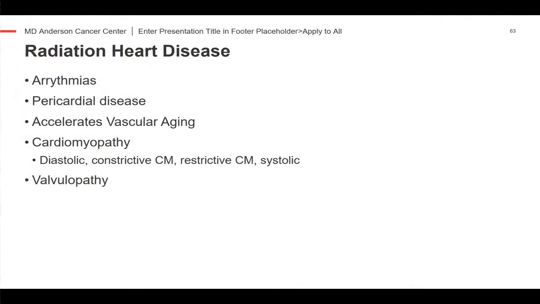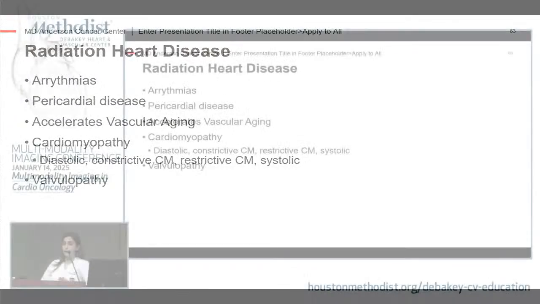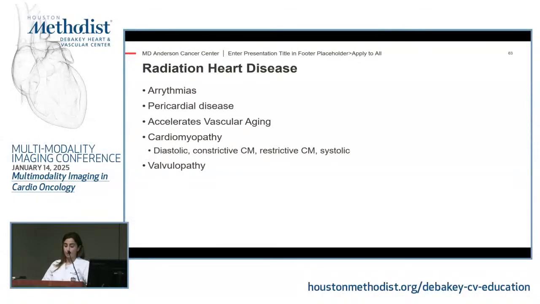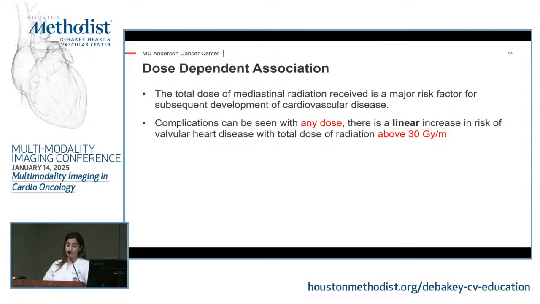As we look at the 5-year mark, there is accelerated vascular aging, and now with the advent of CCTAs, we see it very beautifully, probably better than any other modality. We see the early scarring and the thinning within the lumen. Cardiomyopathies are a big problem as this population grows, both diastolic, restrictive, constrictive physiology, and valvulopathy.